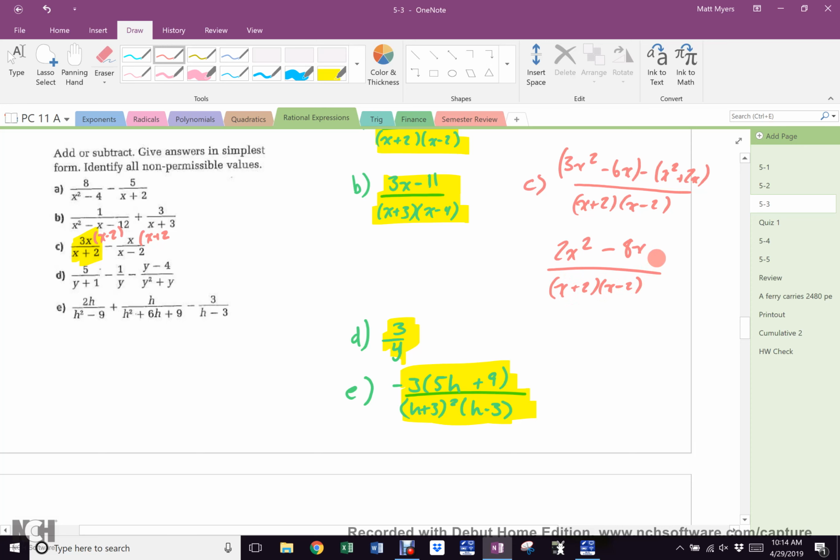Factor, factor, factor. What's coming out of there? 2x. What's staying in there? X minus 4 over x plus 2, x minus 2. No other canceling.